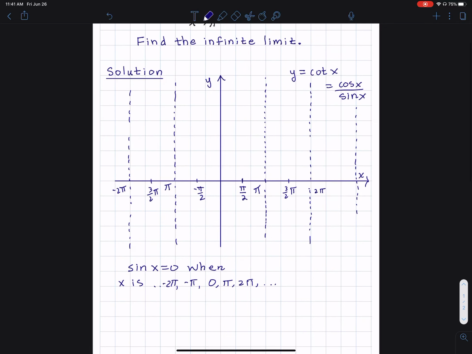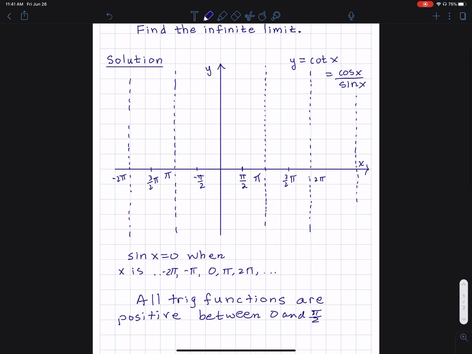All the trig functions are positive between 0 and pi over 2. That's quadrant 1.